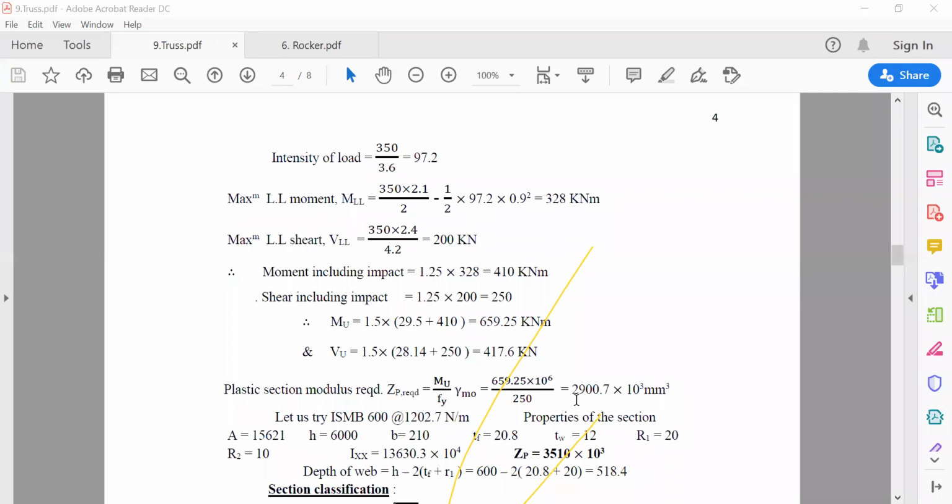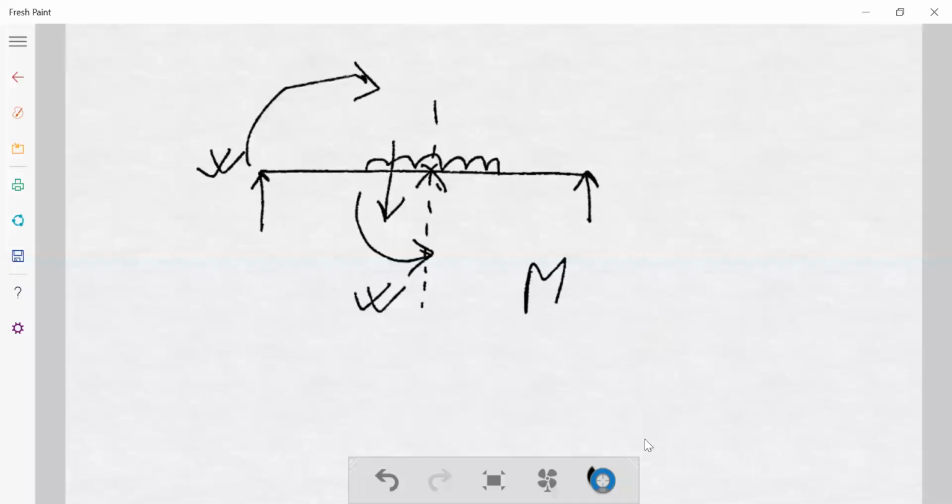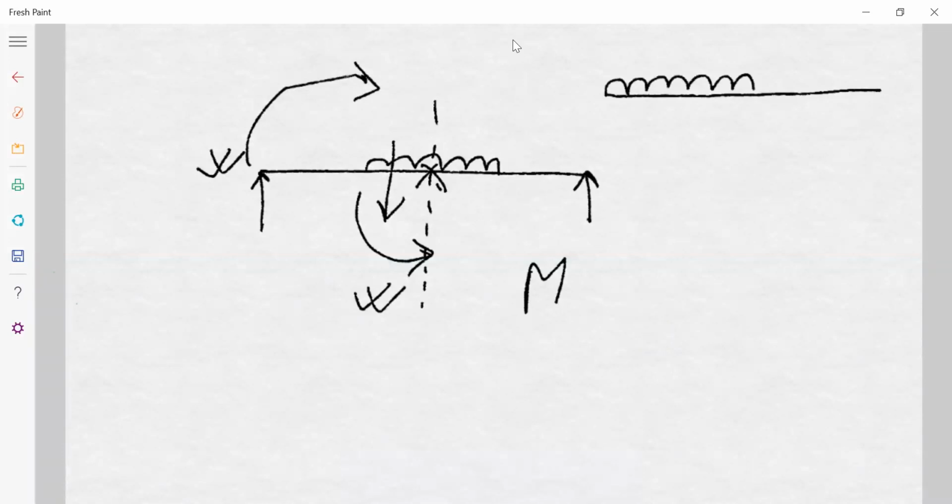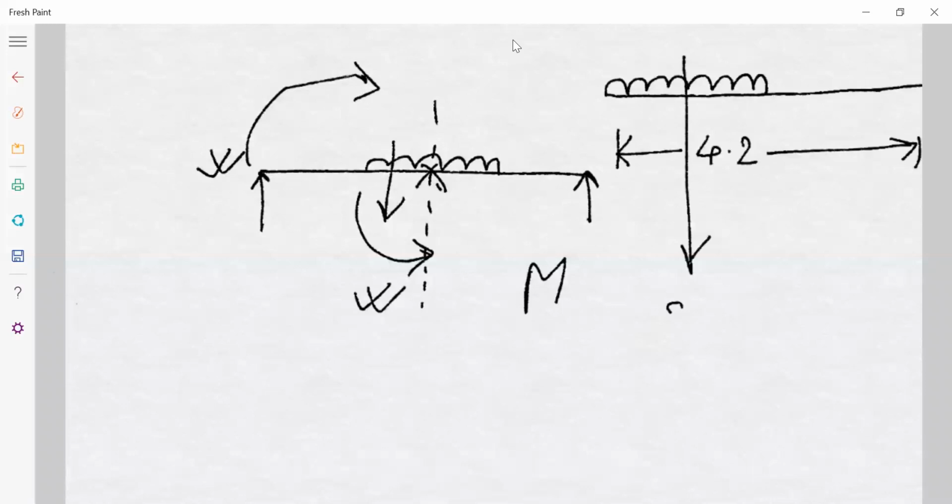For live load shear, the maximum live load shear will be WB by L. For maximum shear, the load is at this point, isn't it? This is a total of 4.2. The 350 load is coming somewhere here, and this is 1.8 and this is 2.4.